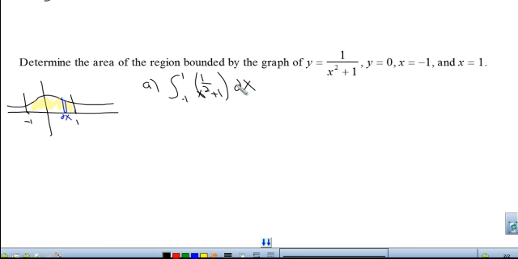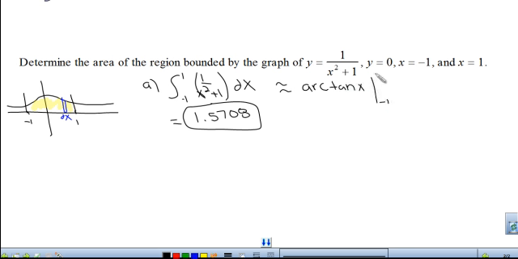One of the things is you need to be able to do this without using the calculator and using the calculator. Using the calculator, we end up with 1.708. Without the use of a calculator, you need to remember that this is arctangent of x.